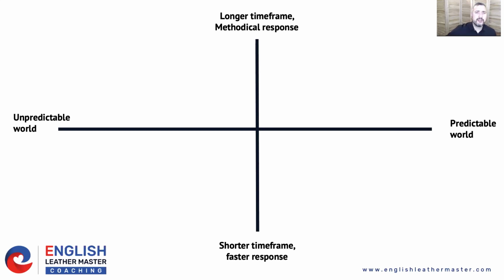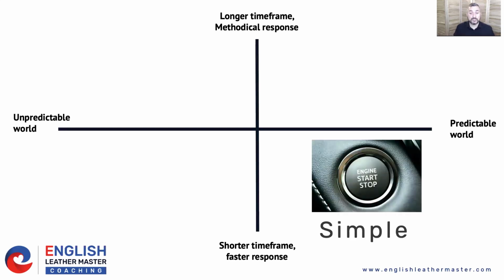So what Cynefin does is it divides things into these 4 quadrants and says, if you've got a situation, maybe a project at work or a situation at home, you recognize the quadrant you're in, and then you act in a different way depending on the quadrant you're in.